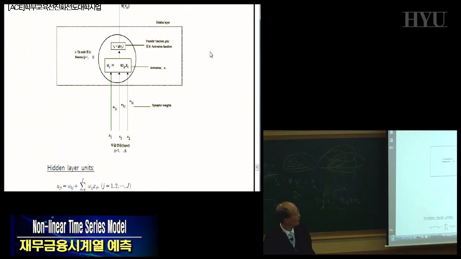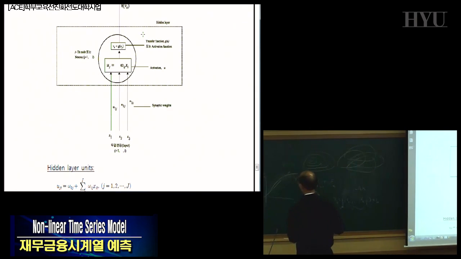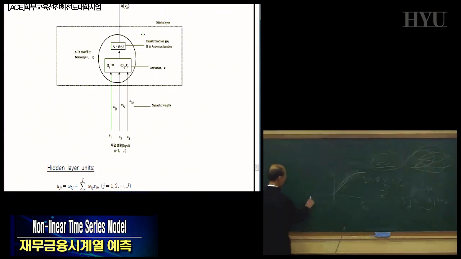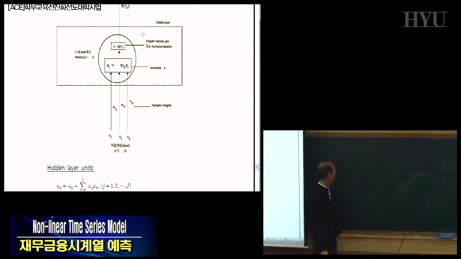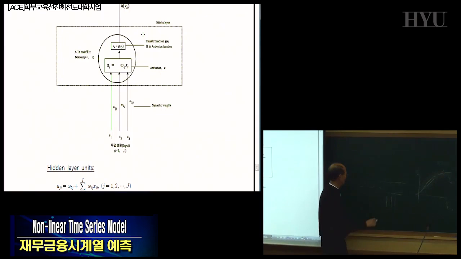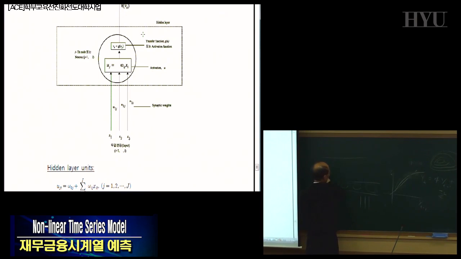This is one layer, hidden layer. Okay. So input, you have a layer, right? In layer, you have different neurons, right? And then here is another layer.